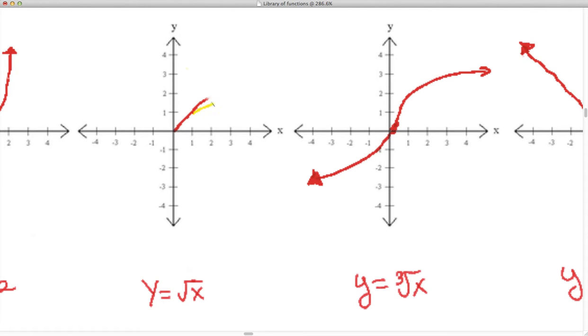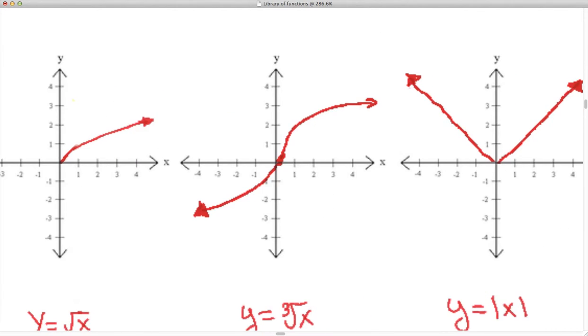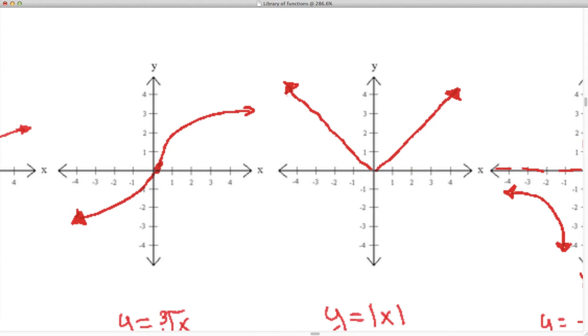So it should look more like this. Oh, wrong color. Something like that. And then the cube root of x, kind of an S-looking thing, absolute value of x, okay.